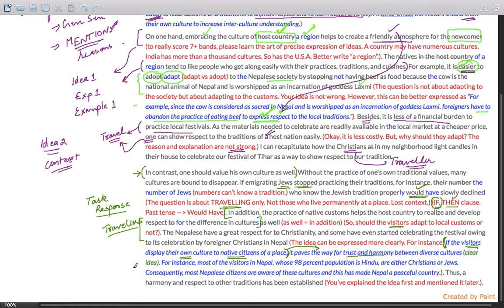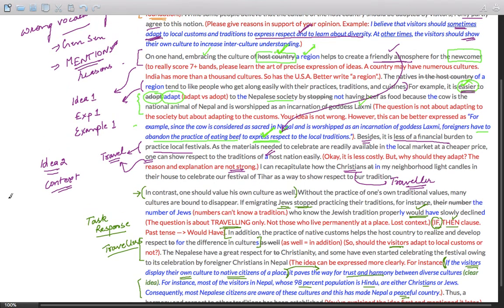Then is the example of Nepal, whose 98% population is Hindu, and Christians and Jews are visitors. So Nepali society has become truly diverse with this, and this has made the country a peaceful place to live. So these were my views on this answer.